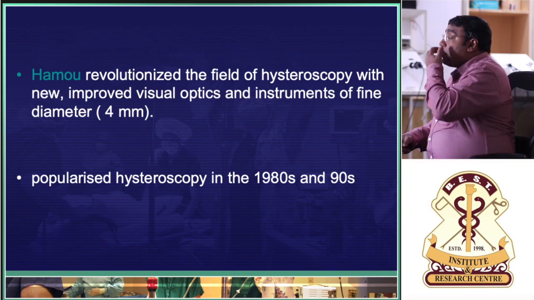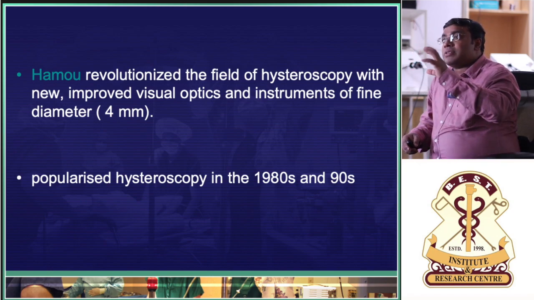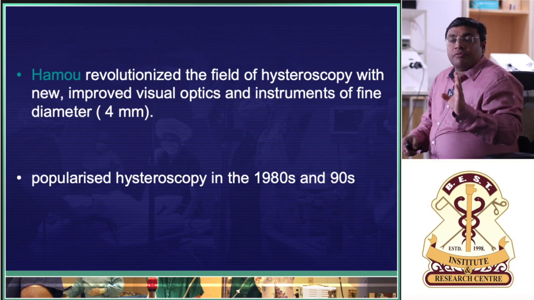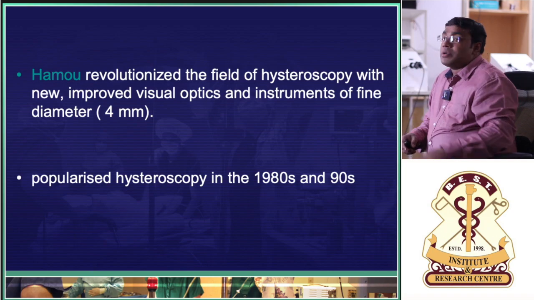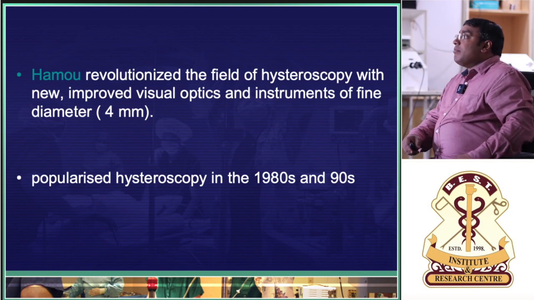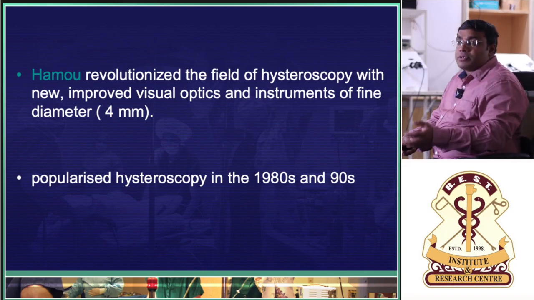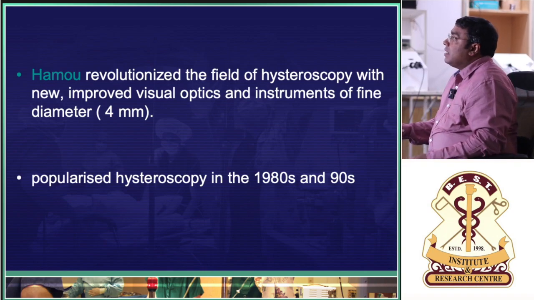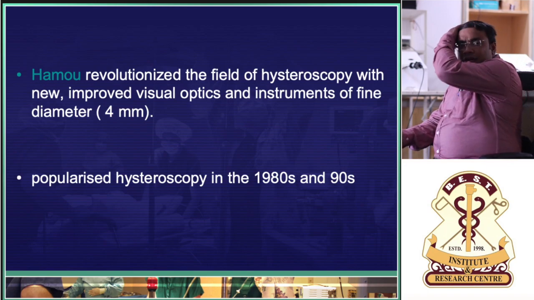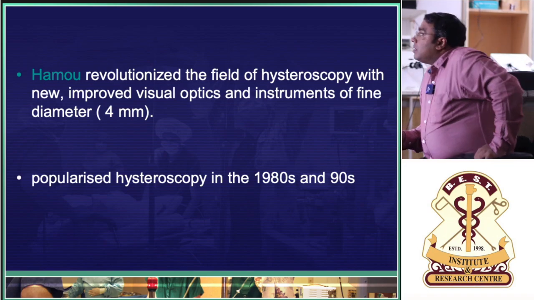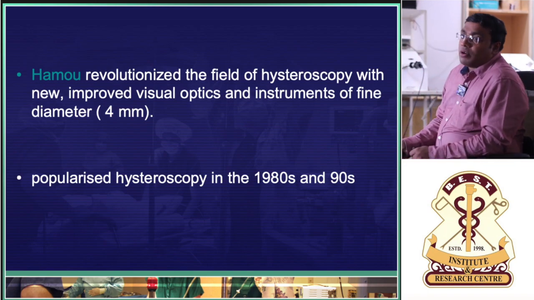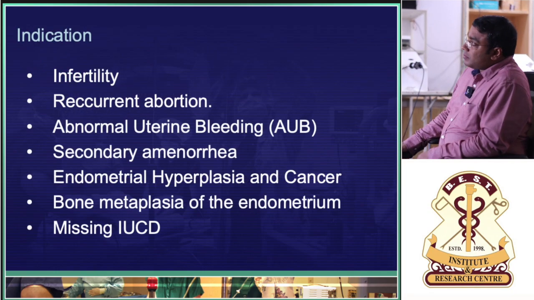Even though people had visualized the uterine cavity long back, the field was not much developed. It became very popular and the field of hysteroscopy developed only after the 1980s and 90s, when Hamou developed instruments which are 4 mm or finer in diameter.